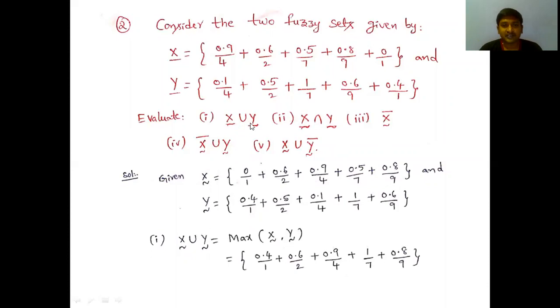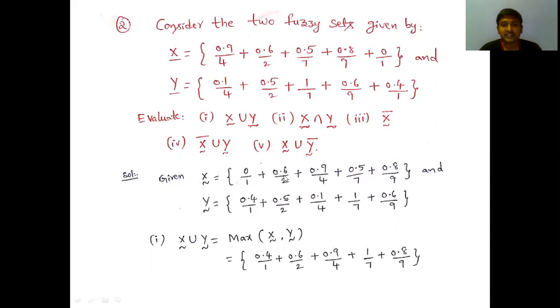So first one is calculate the union operation between fuzzy x and y. So how to write in a fuzzy set the maximum value of x comma y. So you can observe here first value in the fuzzy set membership function 0, in fuzzy y 0.4. So which one is the maximum value? 0.4.